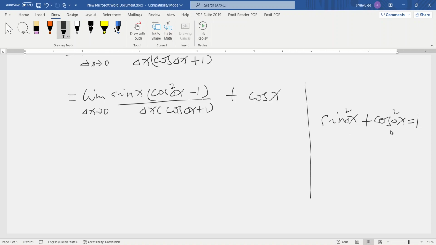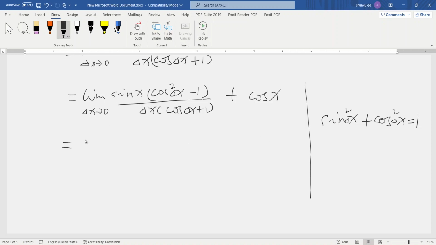This is another formula we must use. When you calculate, if you don't memorize some formulas, you cannot do it. So you must memorize formulas, but there is a method: you remember the formula using logic.